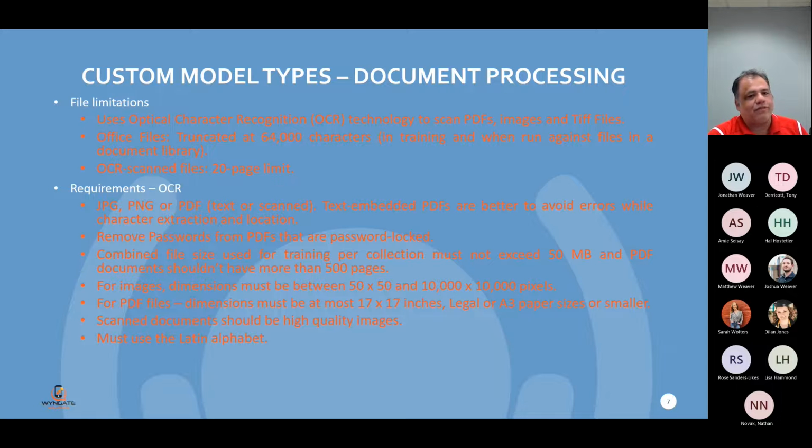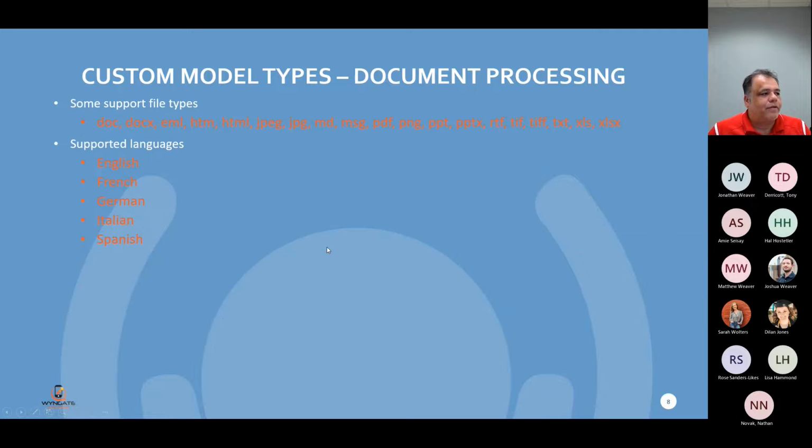Even with law firms, I haven't reached that limit yet. For images, dimensions must be between 50 by 50 and 10,000 by 10,000 pixels. For PDF files, at the most 17 by 17 inches, legal or A3 paper sizes or smaller.